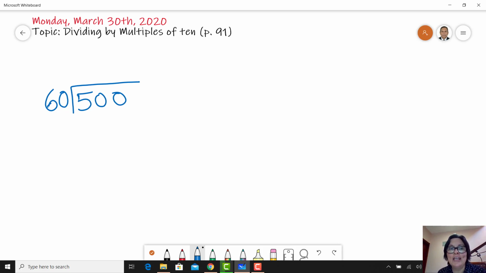What difference do you notice, or do you see in this division? Looking here in the divisor, what is the divisor? This one, right? How many numbers do we have in the divisor now? 2 numbers, 6 and 0.